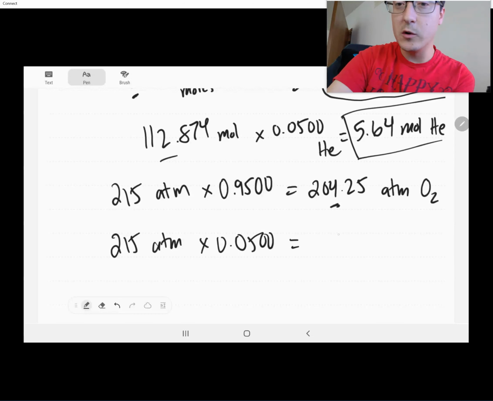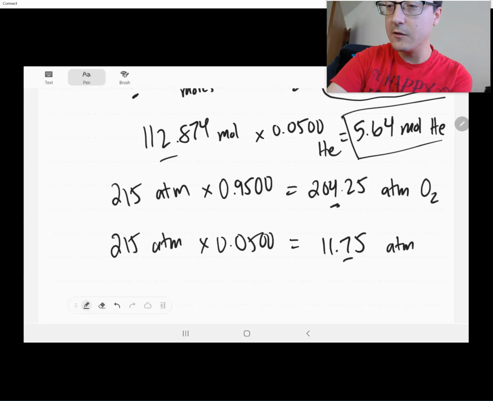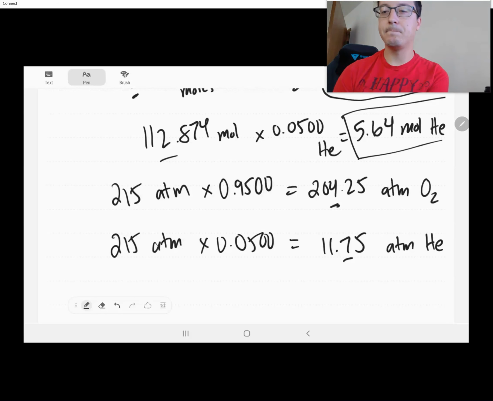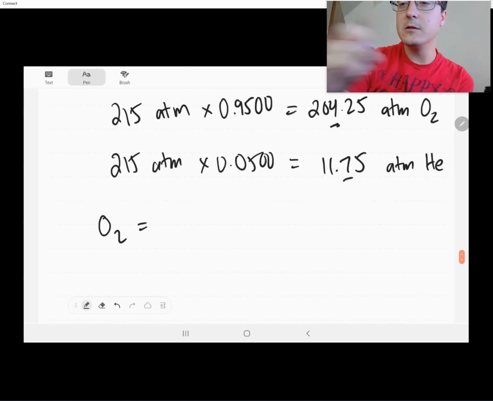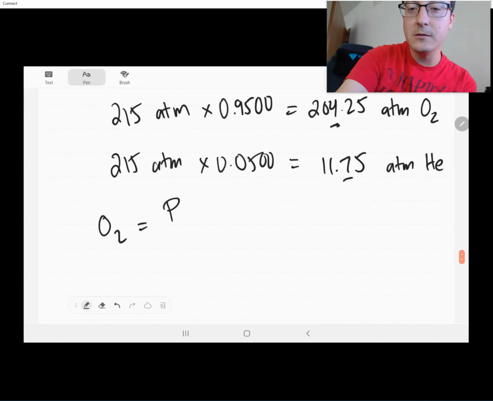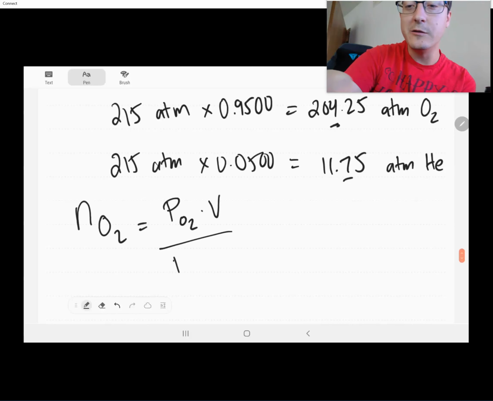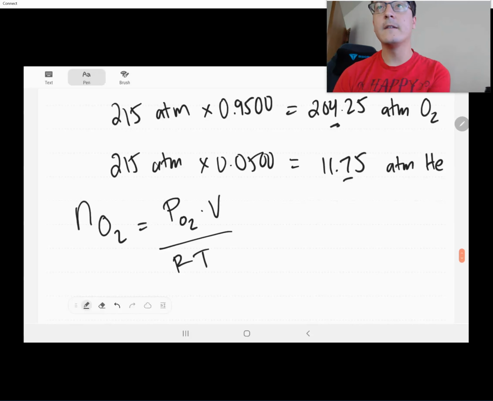Looking at this, that's going to be 11.75 atmospheres of helium. And then we would just plug those guys into the ideal gas law. So for oxygen, moles of oxygen would be pressure of oxygen times the volume over R and T.